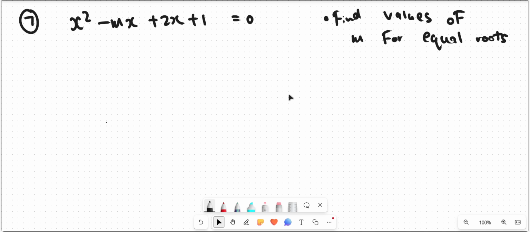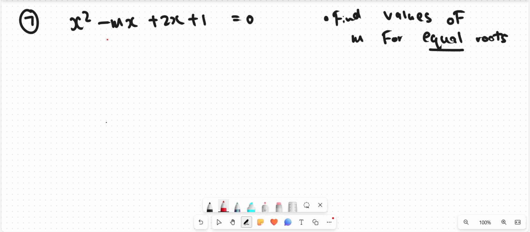Alright, so for this question, it specifically reads that we need the values of m for which these roots are going to be equal. So equal already implies that they're real, and it already implies that they're rational. So what I need to do is establish what my a, my b and my c values are.